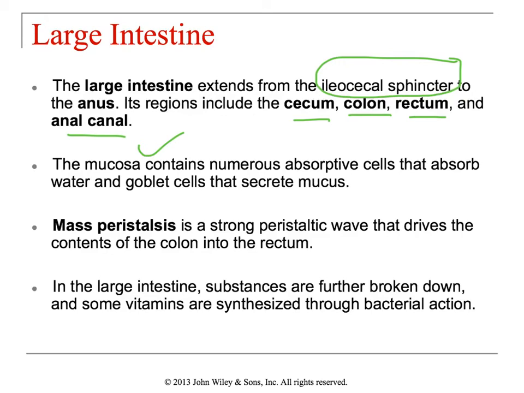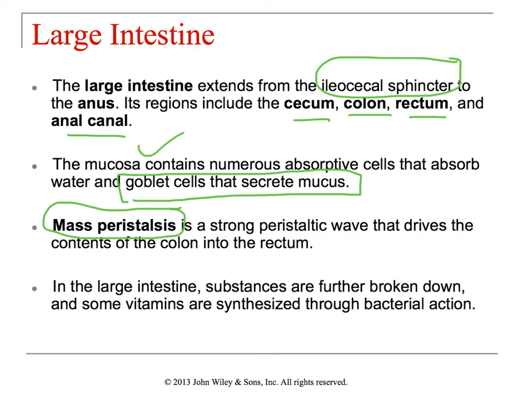The large intestine is going to absorb water so that we don't have diarrhea or lose water. It's the last place to absorb water. There are goblet cells in the mucosa of the large intestine that secrete mucus to help things keep moving along. When waste moves through the large intestine, it's called mass peristalsis.